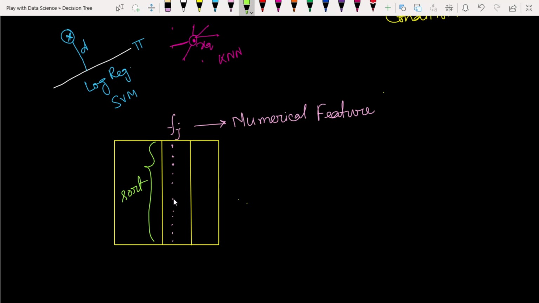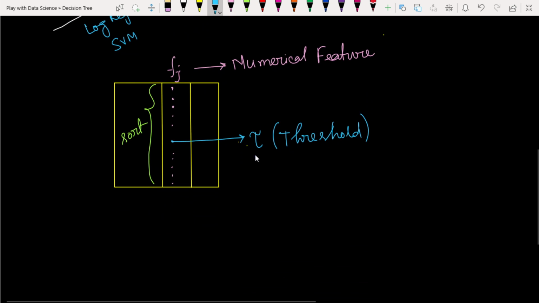Suppose this value is our threshold value that we have chosen. We have to choose the threshold. I think the spelling is okay; if I have made some mistake, please correct it. This is tau, the threshold value.